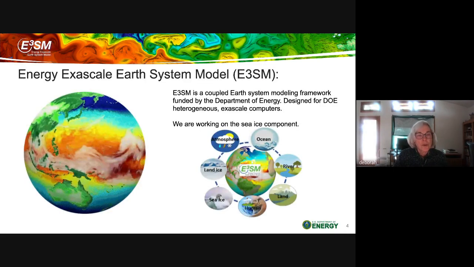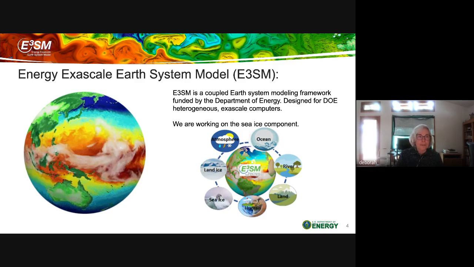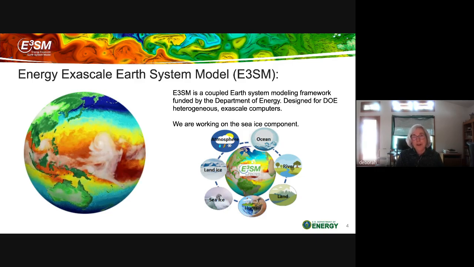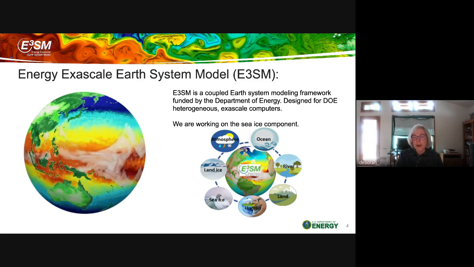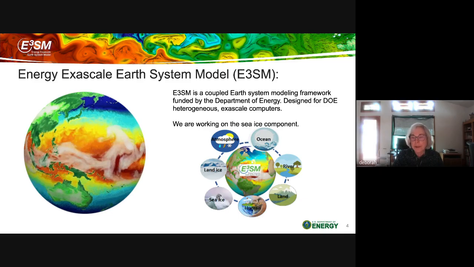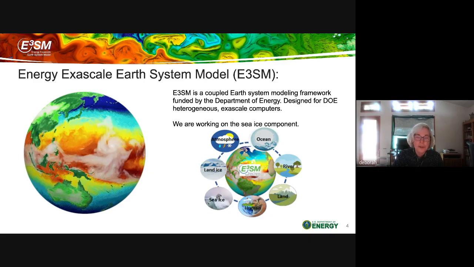Okay, so the DOE model, E3SM, Energy Exascale Earth System Model, which is a mouthful, is a fairly sophisticated model that has all of these components, if you can see my cursor here. So there's a land ice component, atmosphere, ocean, rivers, land, human influences, and sea ice.